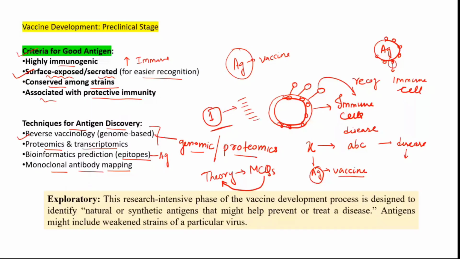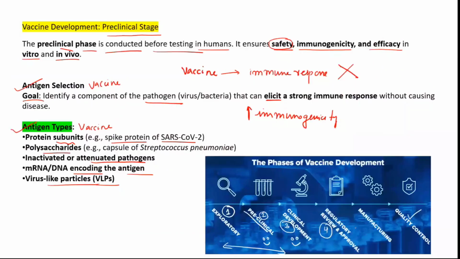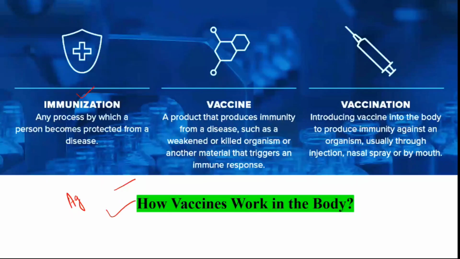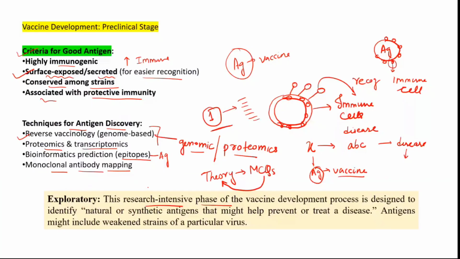Now, as I have mentioned, we have different phases: exploratory, preclinical, clinical, and so on. In the exploratory phase, this is a research intensive phase, and you can say the pillar of the overall vaccine, because if the exploration is not there, how will you have an idea that you can develop this antigen, this pathogen, as a potent vaccine? So this is a pillar of the overall vaccine development process.